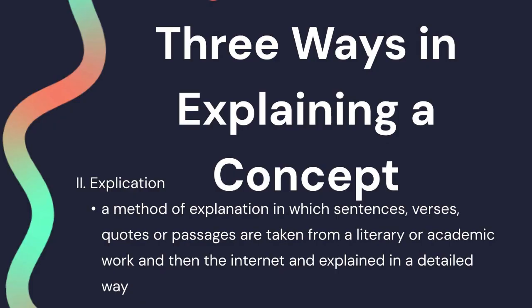Explication is like breaking down a concept into smaller parts to explain it clearly and completely. You could define your topic or key term, explain the meaning, show the importance or impact of your concept paper. Sometimes you can also include examples or situations to support your explanation.